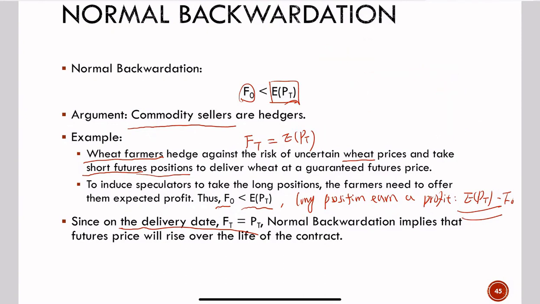So this basically means that this F_T has to be larger than F0. This basically says the futures price will increase as this futures approach maturity.